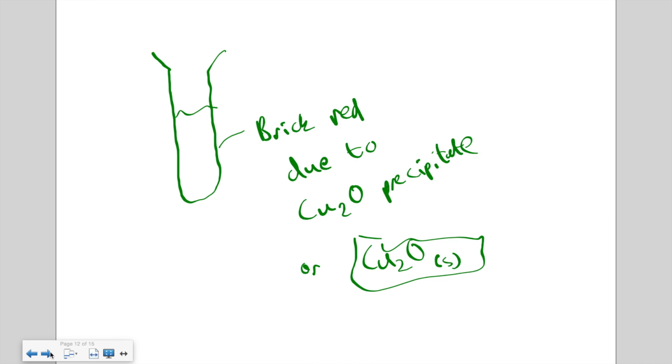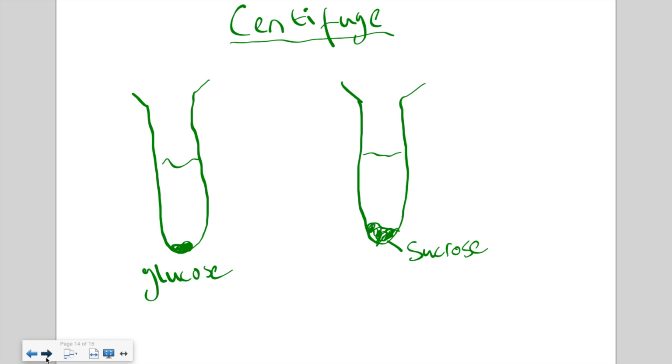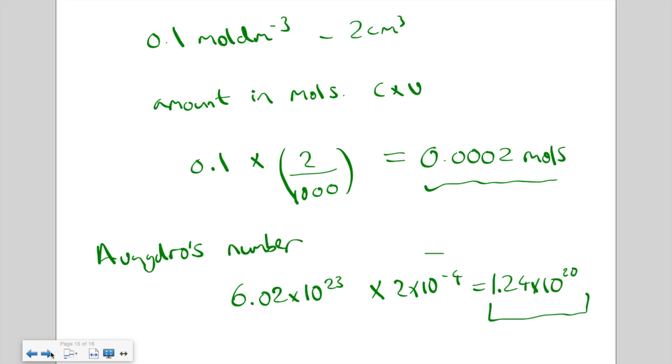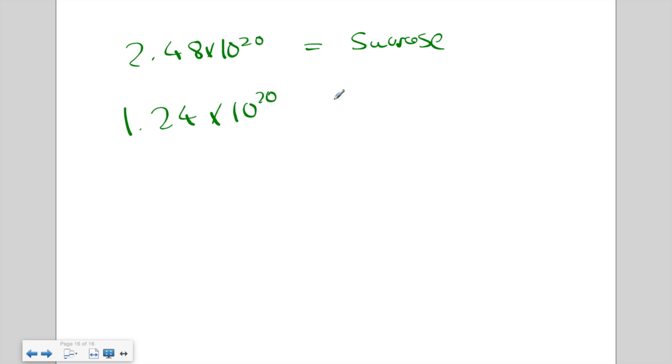Each one of those is able to form a complex with the copper. So instead of having 1.24 times 10 to the 20, suddenly you've got 2.48 times 10 to the 20 in the sucrose, and 1.24 times 10 to the 20 in the glucose.